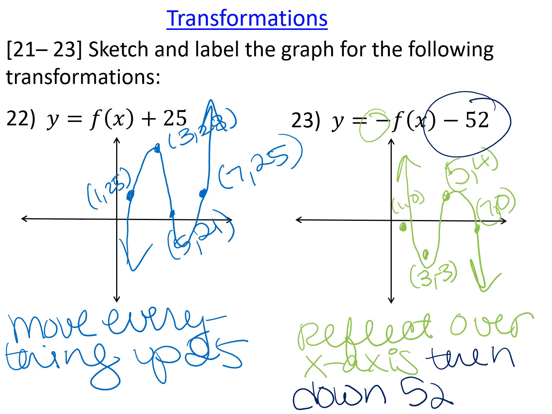This one's going to now go from 1 down 52, so it would be 1, negative 52. This one would be down 52, so that 3, negative 3 would be 3, negative 55. That 5, 4, it's going down 52, so that would be 5, negative 48.